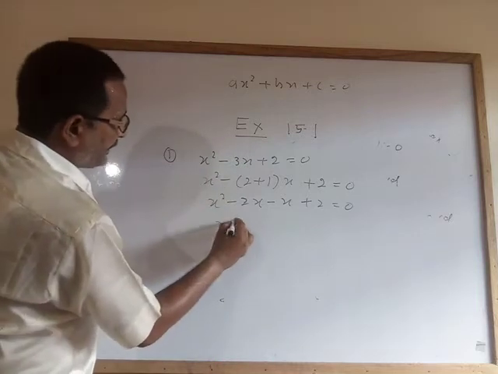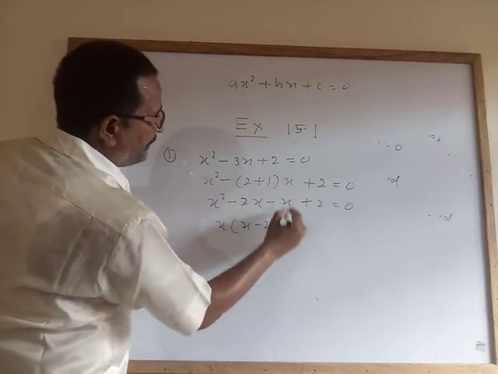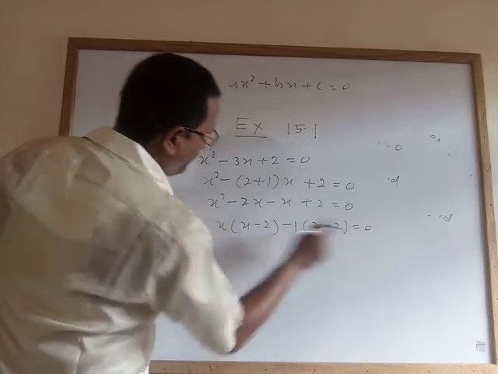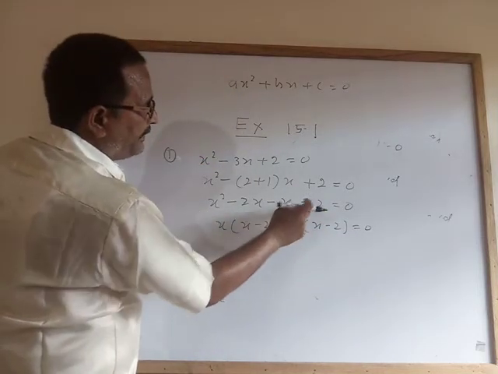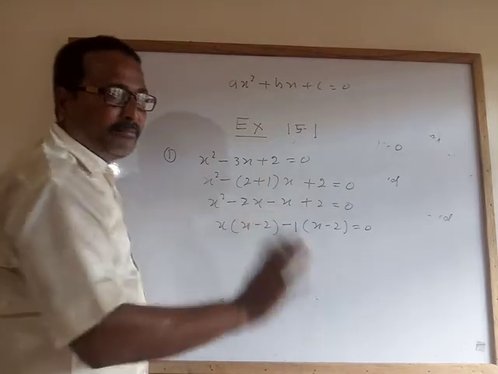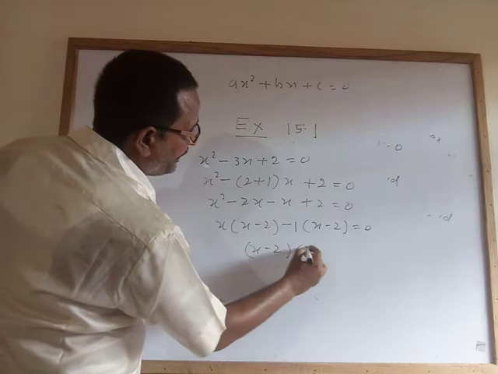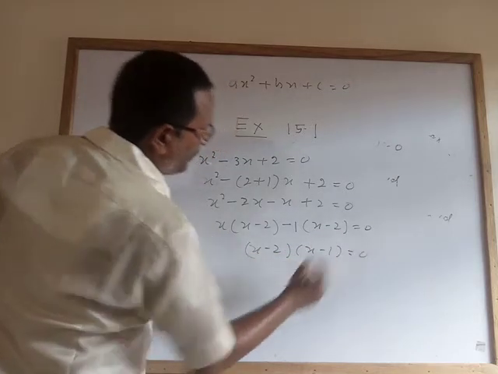Now here x is common. x minus 2, nothing is common means 1 is common. x minus 2 is equal to 0. Minus common we are taking, so the plus sign changes to minus. Now x minus 2, x minus 1 is equal to 0.